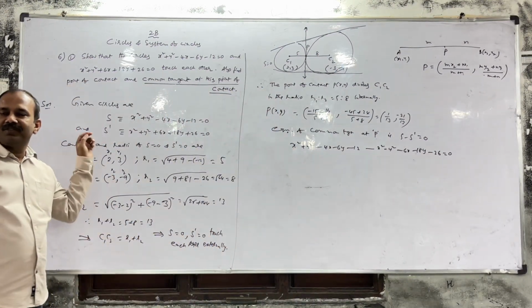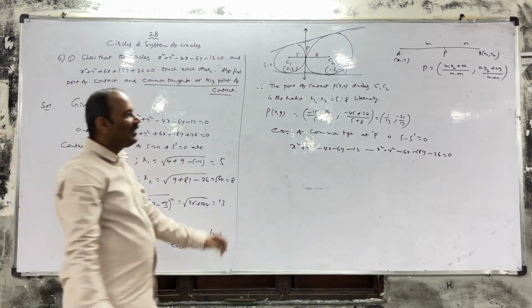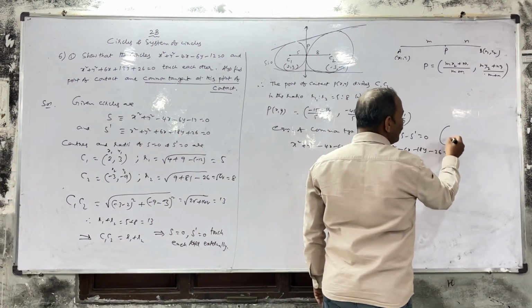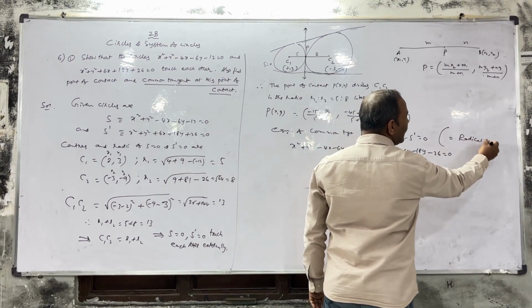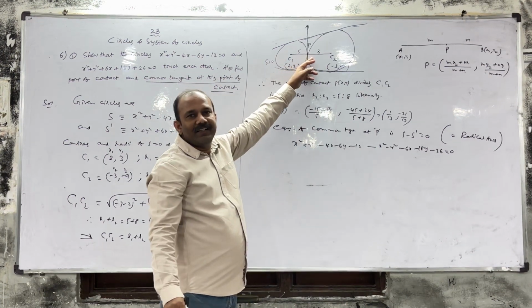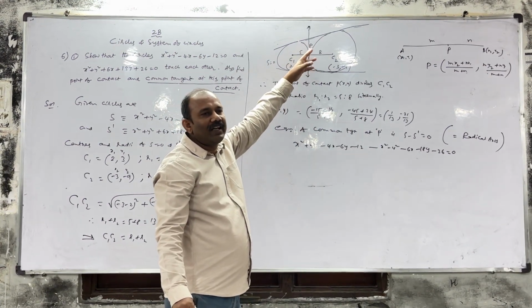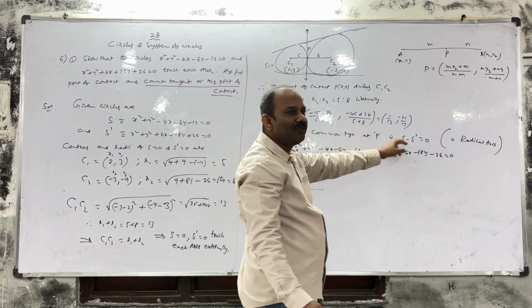The difference of the two circles, when they are in general form, is called the radical axis. The radical axis here is the common tangent. The transverse common tangent at P is that radical axis, simply the difference of the two circles.